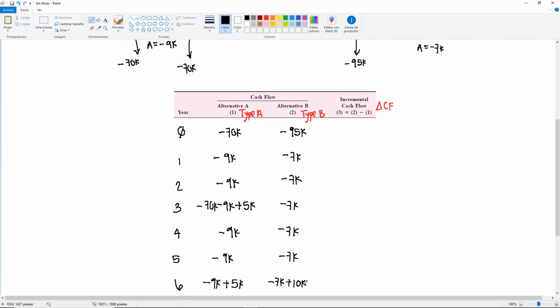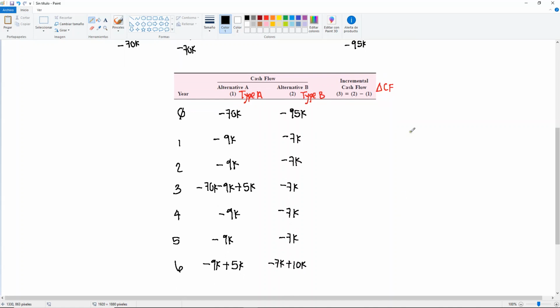Now that we have our table filled, we must get the incremental cash flow. Remember, we're going to be using this minus sign, so if we have a negative here, it would be minus minus. Let's start with the first one.